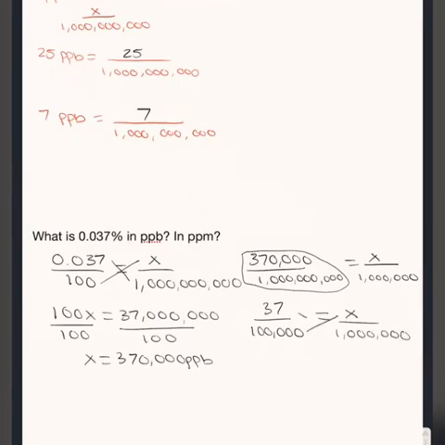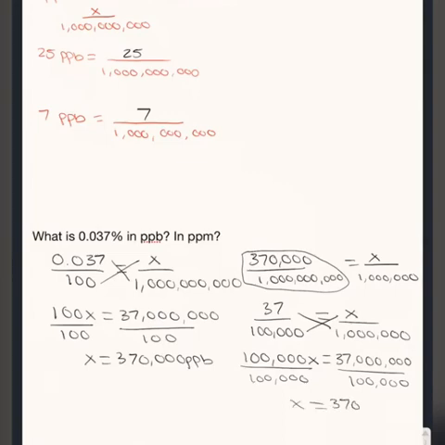And then if we cross multiply, we see that 100,000 X is equal to 37 million. And then if we divide both sides by 100,000 to find X, we will find that our X is actually equal to 370, and this is in parts per million.